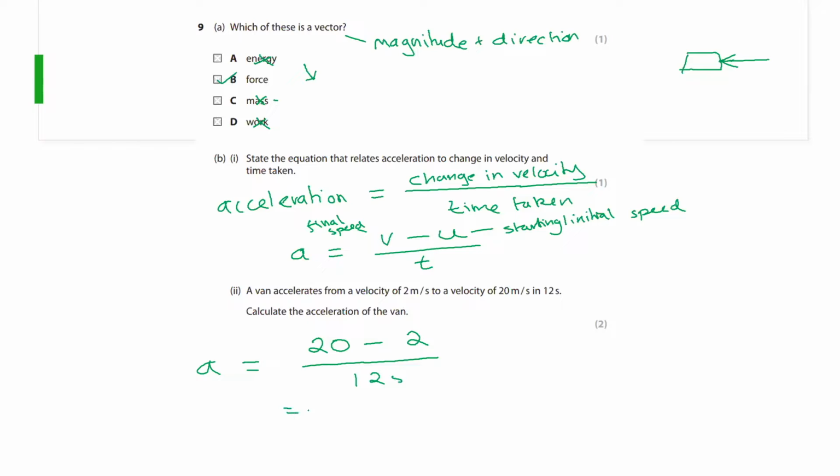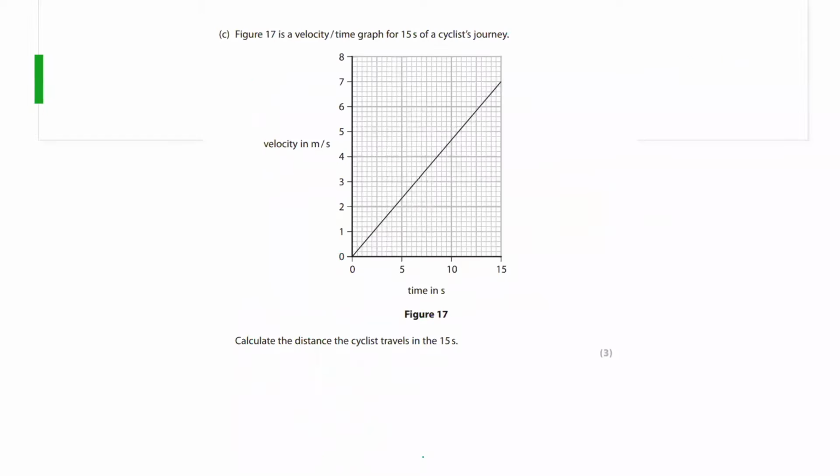So we've got 20 minus 2, 18, divided by 12. Again, we can use a calculator. 18 divided by 12 is 1.5. So 1.5 is acceleration, so it's meters per second squared. If you want to underline that, it's a good idea in these sorts of questions to show you've finished. Someone marking it will look for the underlining, which makes it easier for them and more likely for you to get marks.